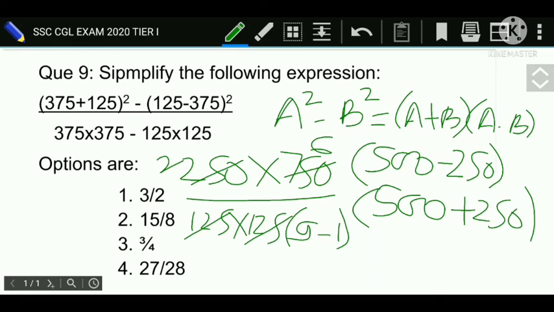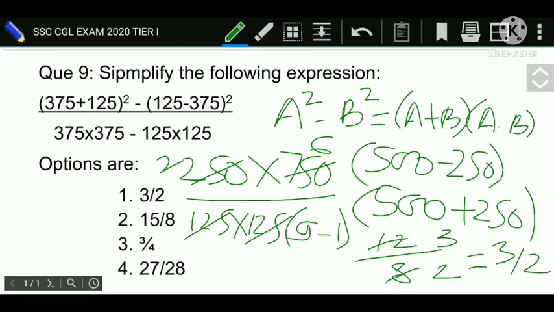So this will be 6 2s are 12 by 9 minus 1, 8, and 4 3s are 12 and 4 2s are 8. So the correct answer is 3 by 2, and this is given in option number 1.